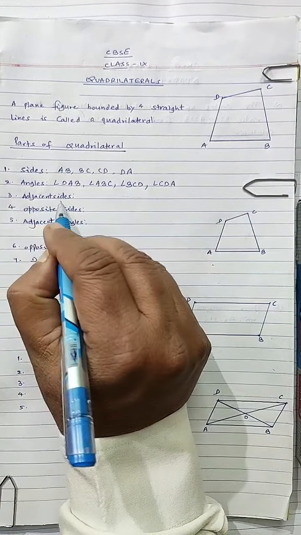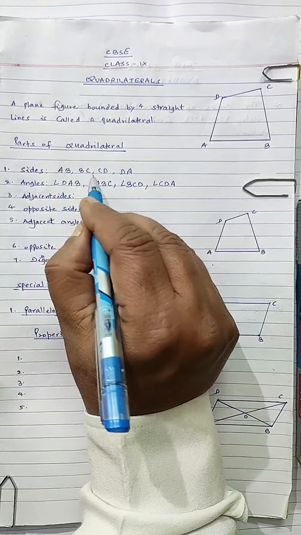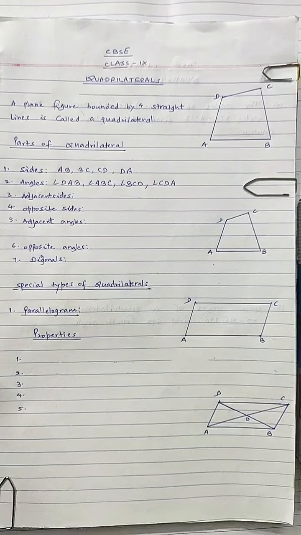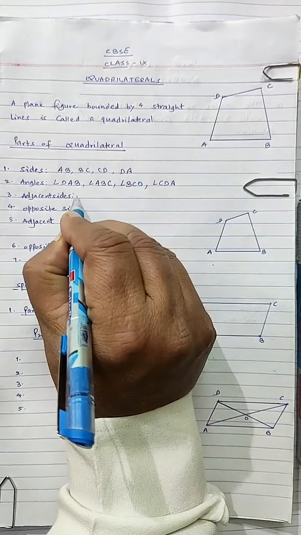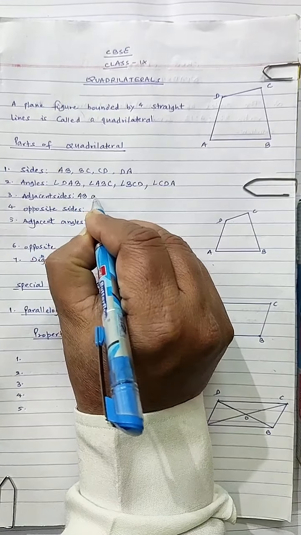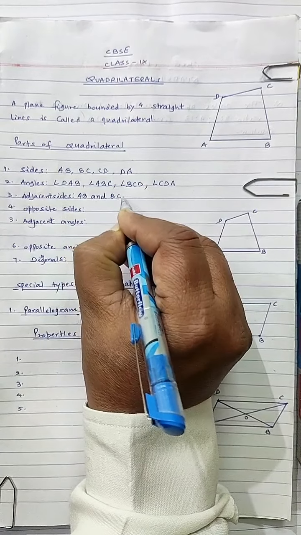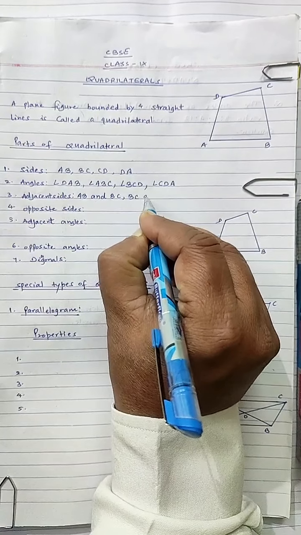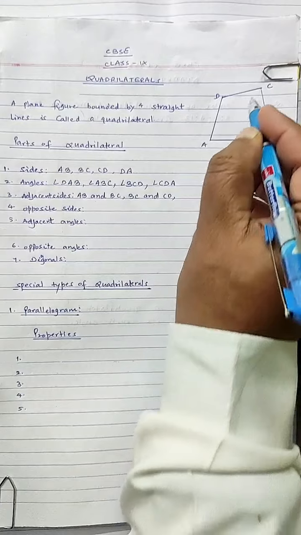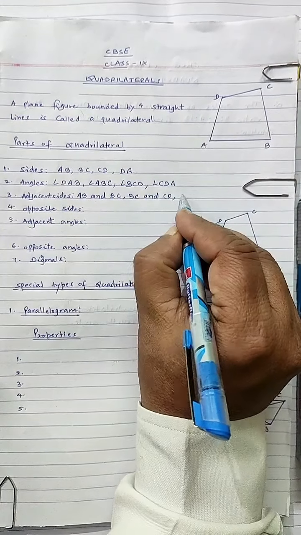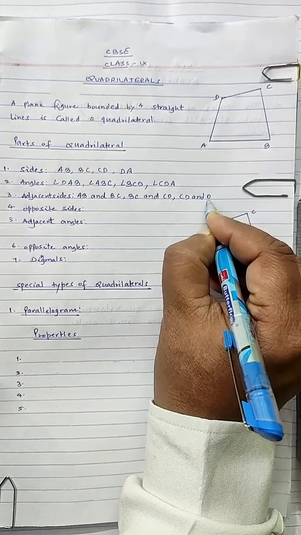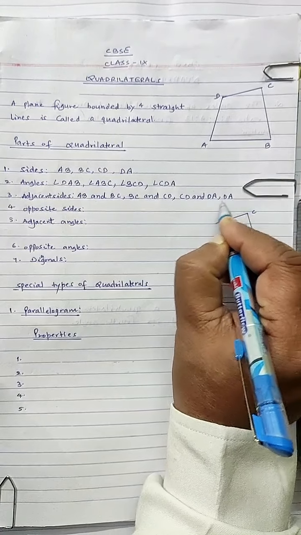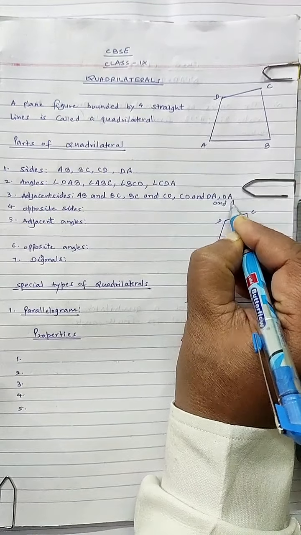Now, adjacent sides. You know the sides AB, BC, CD and DA. Now, adjacent sides are AB and BC. These are in pairs. BC and CD, CD and DA, DA and AB.